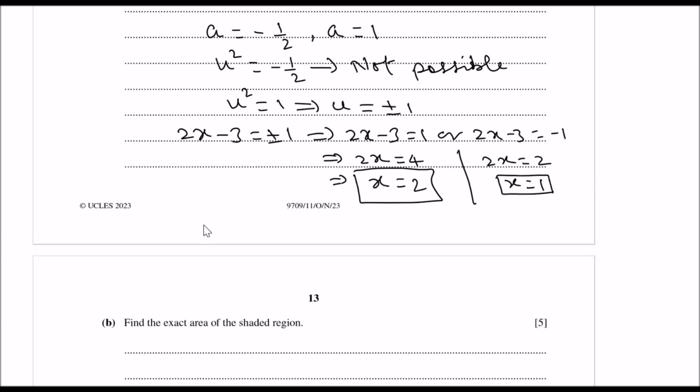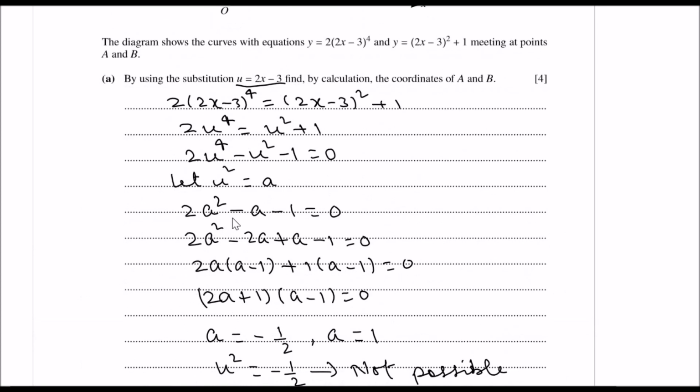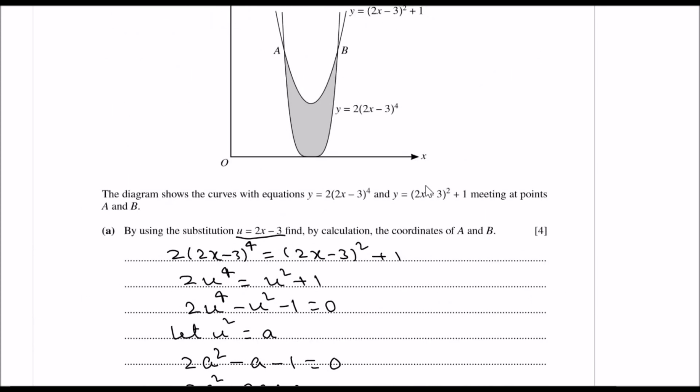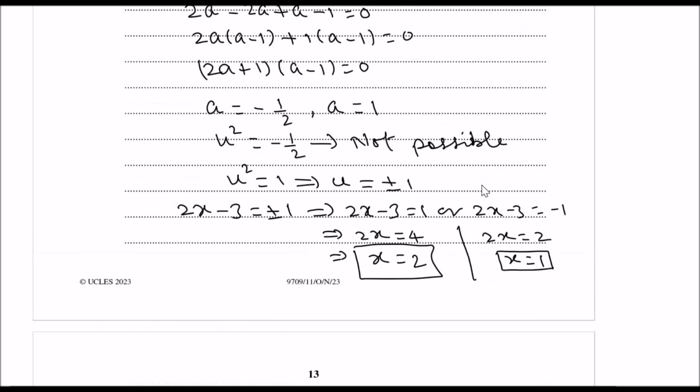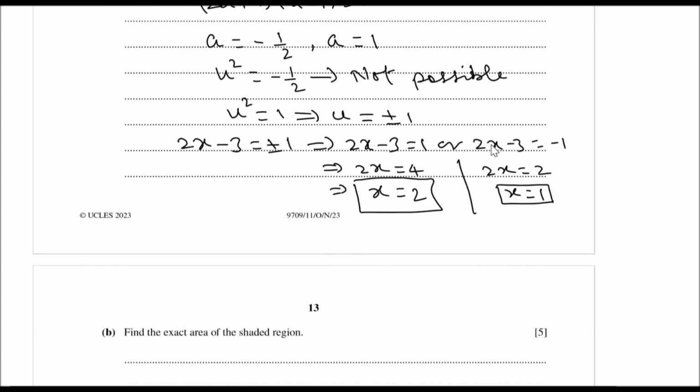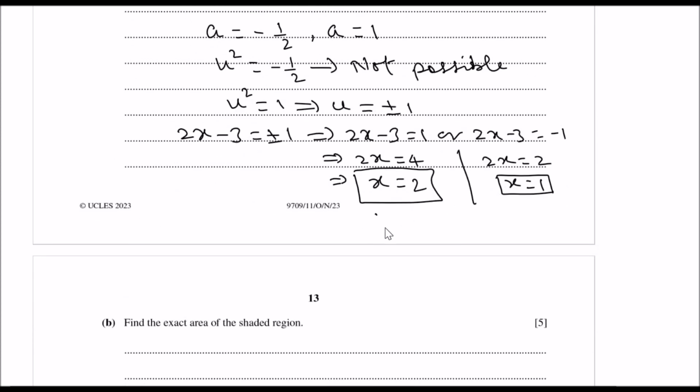So for the coordinates of A, now we can find y by substituting in any of the equations. When we substitute x equal to 2, we get y equal to 2. And when we substitute x equal to 1, we get y equal to also 2.